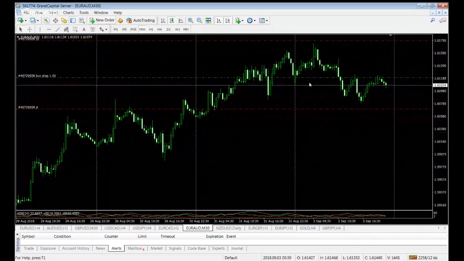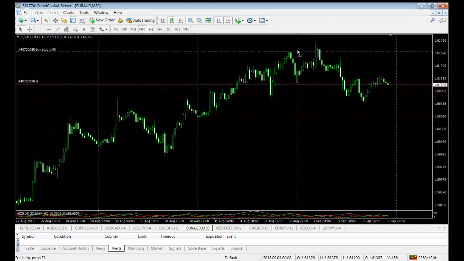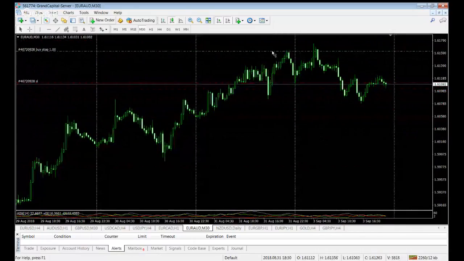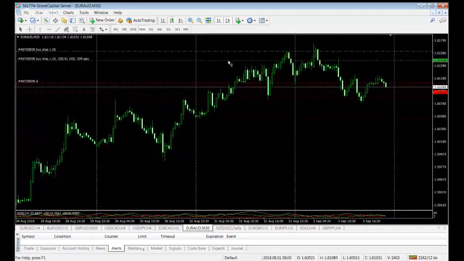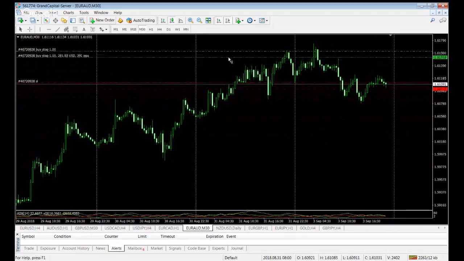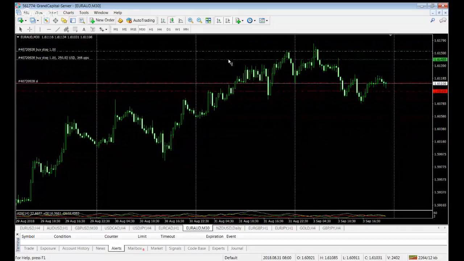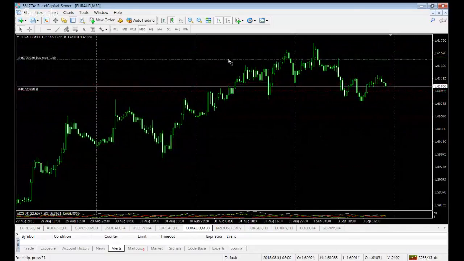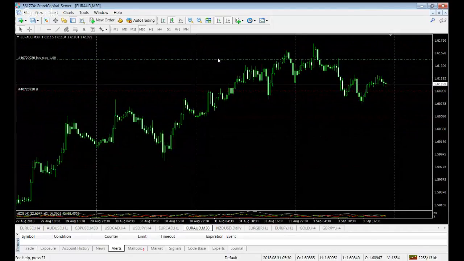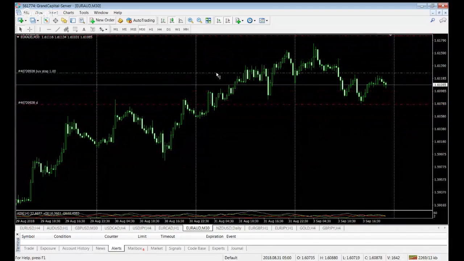You can decide to move your buy stop pending order by just placing the arrow on it and holding the left click, so you can see it.